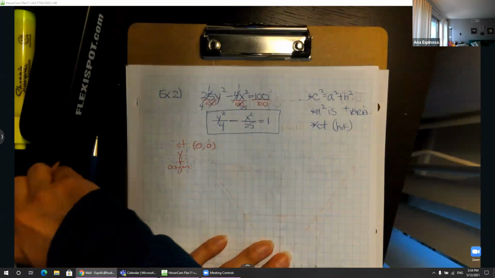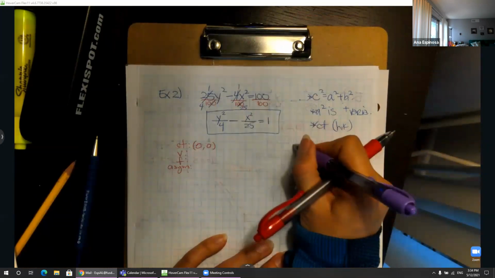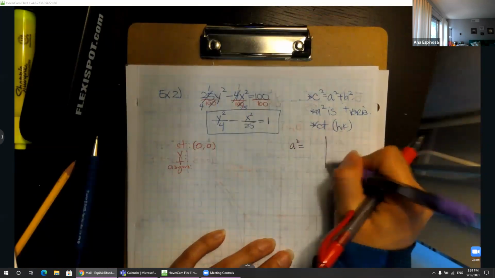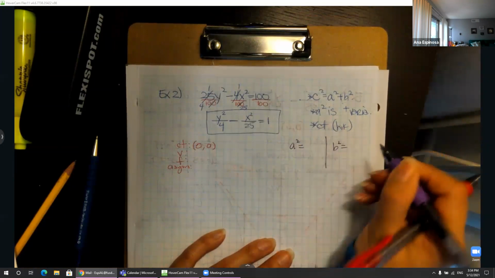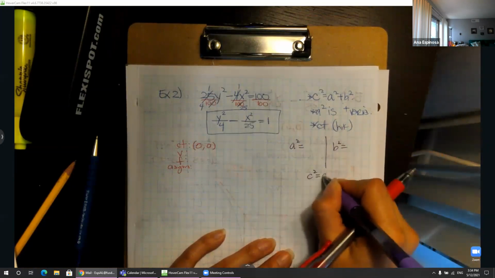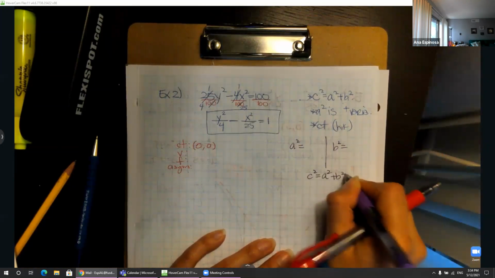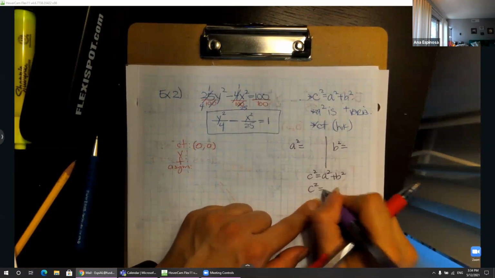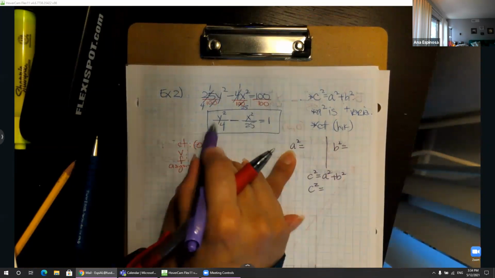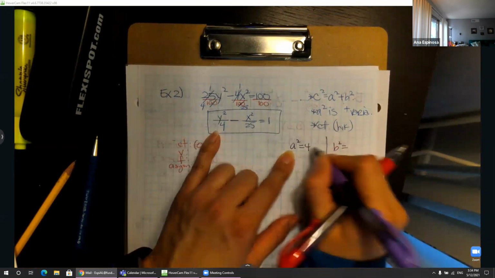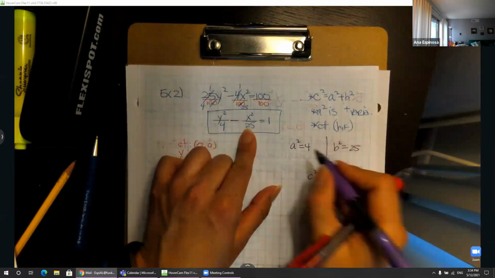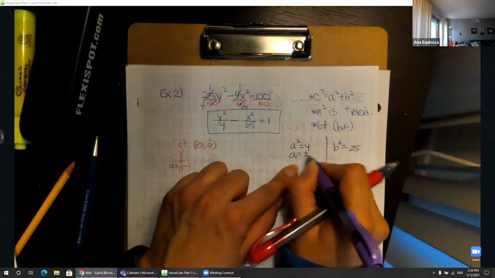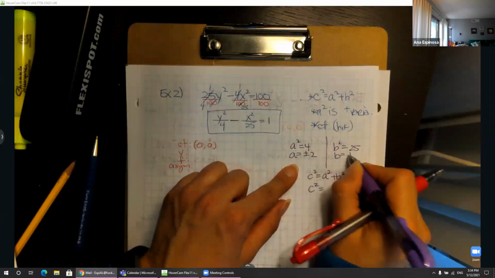Okay. Let's do the work over here. A squared equals something, b squared equals something, c squared equals a squared plus b squared. Okay. A squared is the one underneath the positive, so basically the first one. The second one is b. So a equals plus minus 2, b equals plus minus 5.